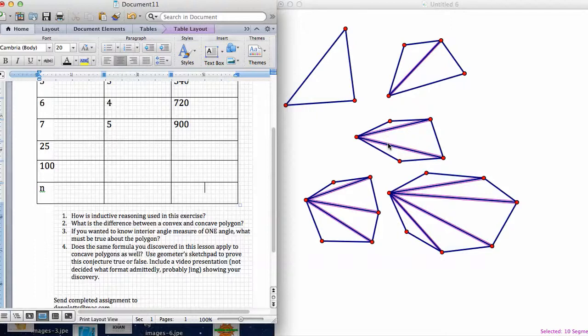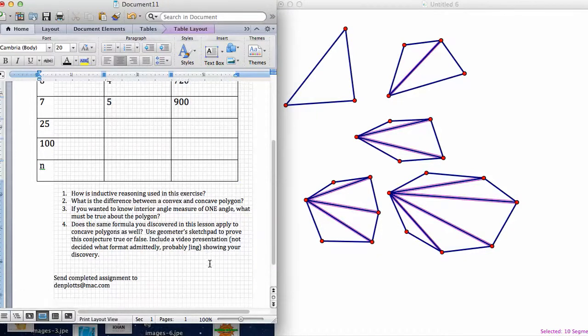And I want you to include a video presentation. For my future students, they're probably going to be using Jing, but I still have to get that straightened out with my school, showing your discovery. I don't want the video to be more than 5 minutes long. Make sure that you are using the angle measure application in Geometer Sketchpad like we used in the past.